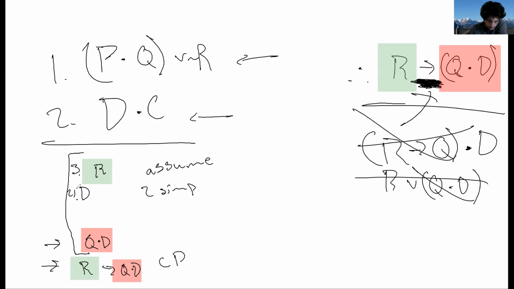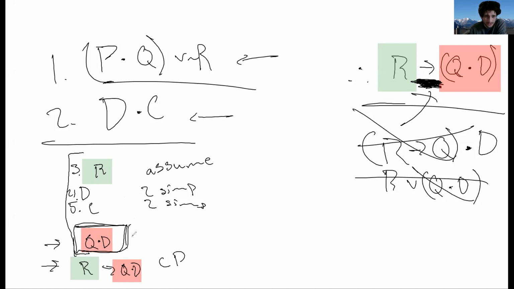Right, and so the idea is now I could also do another 2 simp to give myself C, but if you think ahead, C doesn't even occur in premise 1. It doesn't occur in what I'm trying to get to, right? All I care about right now is just this guy right here, and C doesn't look like it's going to help me out.